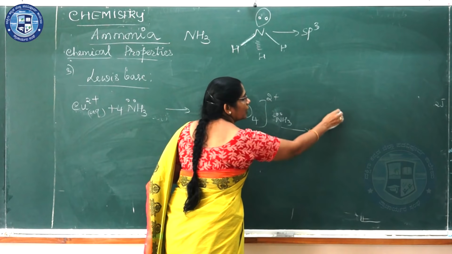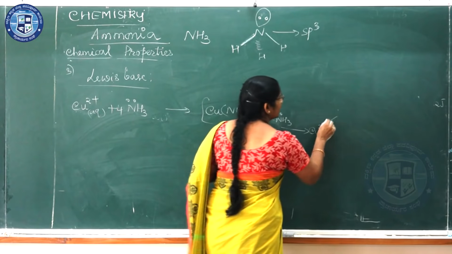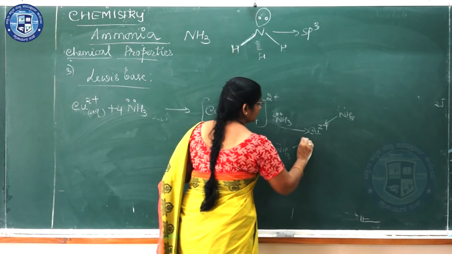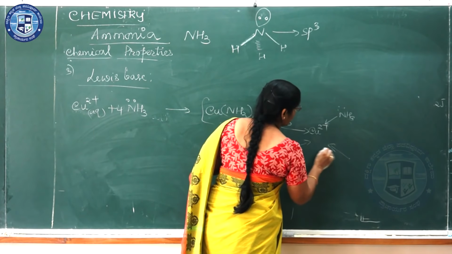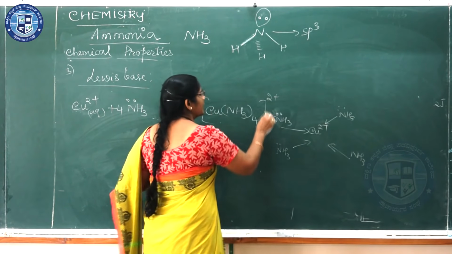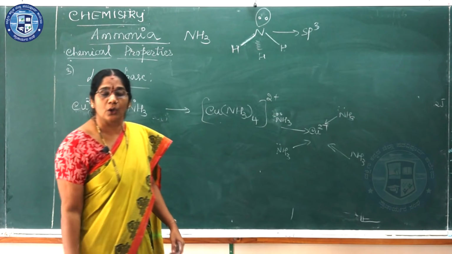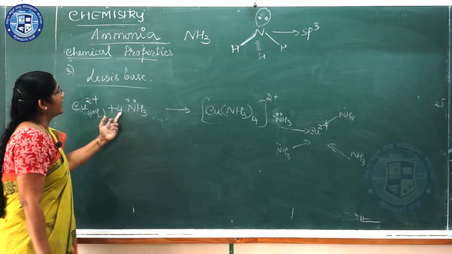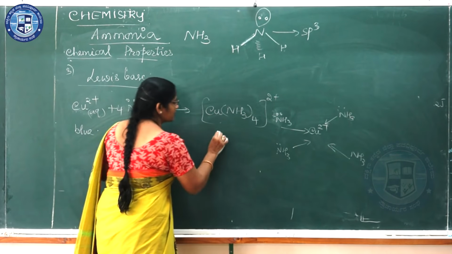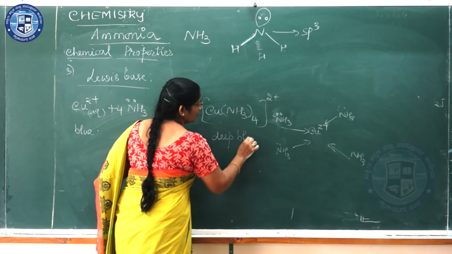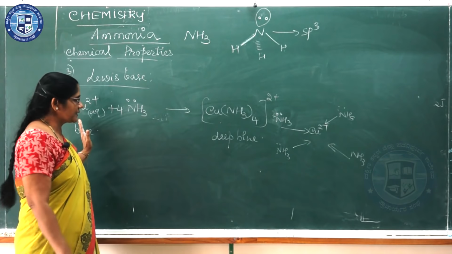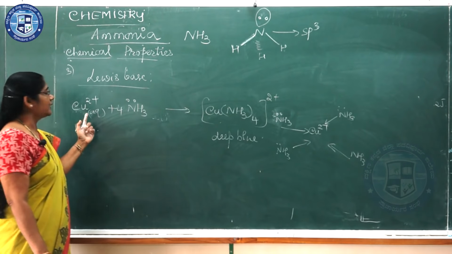So 4 ammonia molecules from 4 sides donate electron pairs to copper 2+, thus forming coordinate bonds, and such compounds are called complex compounds. This is blue in color, and becomes a very nice deep blue solution. So with this transition of color, we can identify the copper 2+ radical.